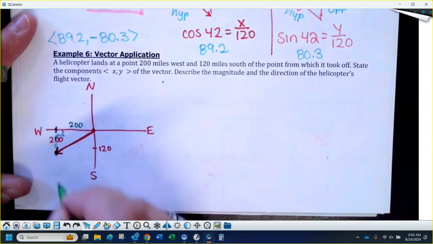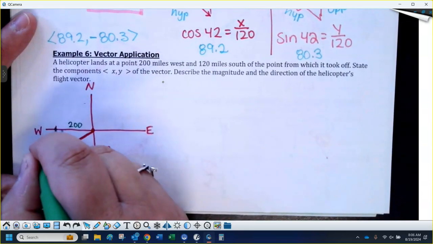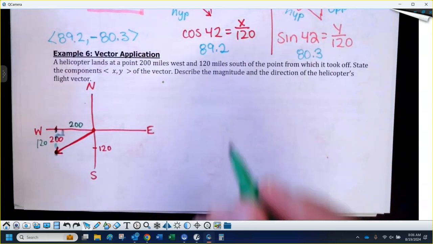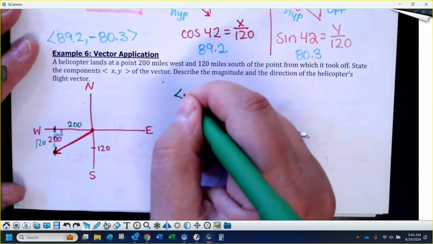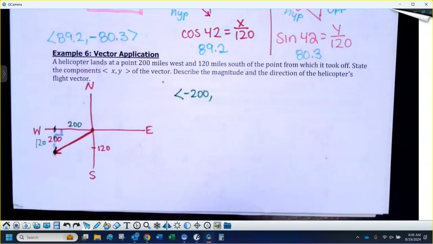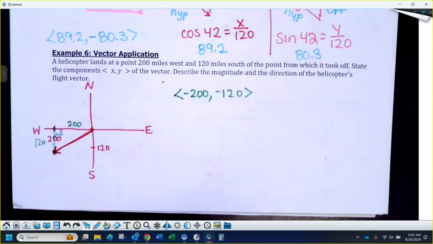And forgive where I was trying to label my axis. Where I did that little connection there, you're going down 120. So you actually have the components given to you. Where I'm at, if I go west, that 200 has to be negative to get me in that quadrant. And the 120, we're going down. So these are actually both negative. That's your components of your vector right then and there.